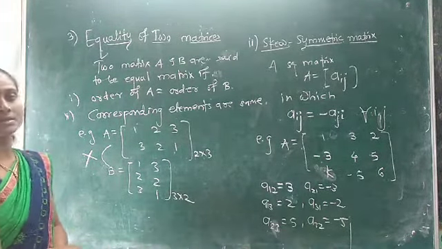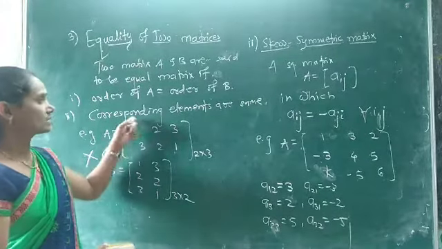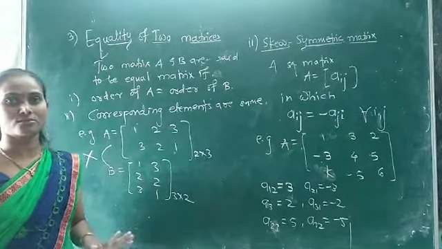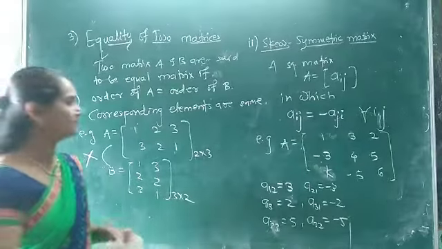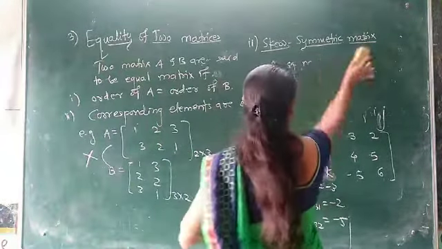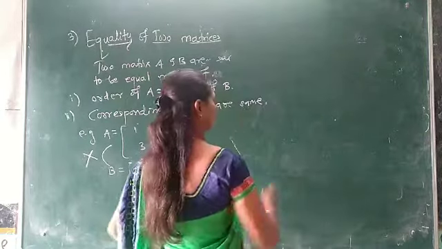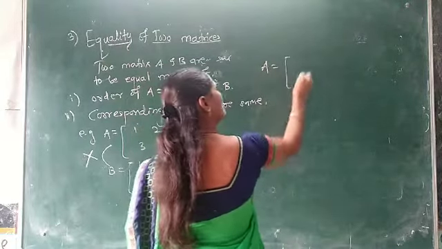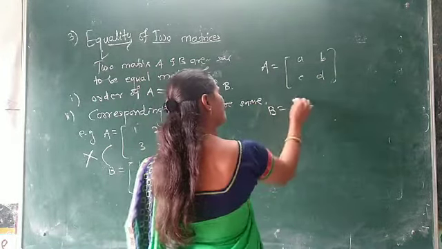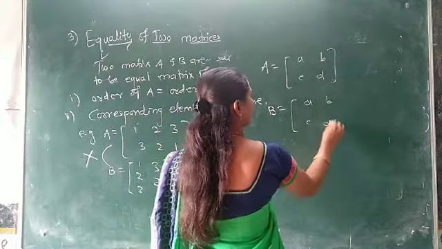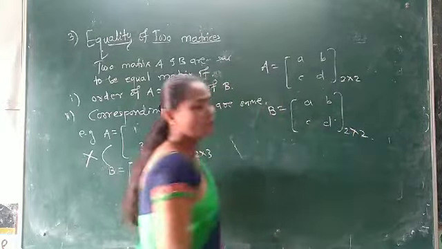Also, if the order is the same, if it follows the first condition, then we see the second condition. What is the second condition? Corresponding elements are also the same. The elements in A and B are both the same. So, for example, A equals a, b, c, d and B equals also a, b, c, d. The order of A is 2 by 2 and the order of B is also 2 by 2.